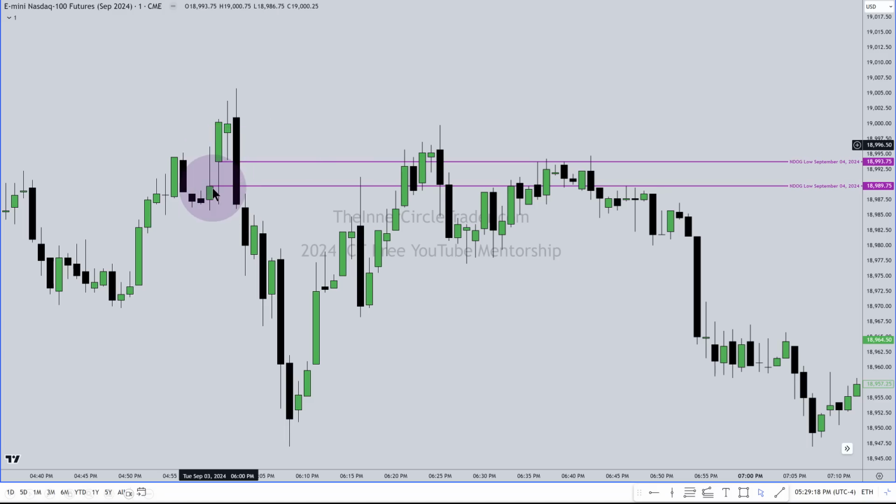But because I was creating this one first and then I copied it and dragged it up to here, I failed to change that label to NDOG high September 4th, 2024. So that's probably why yours is not matching. You probably just looked at it real quick and said, well, yeah, it doesn't match up mathematically to mine. So now you understand.